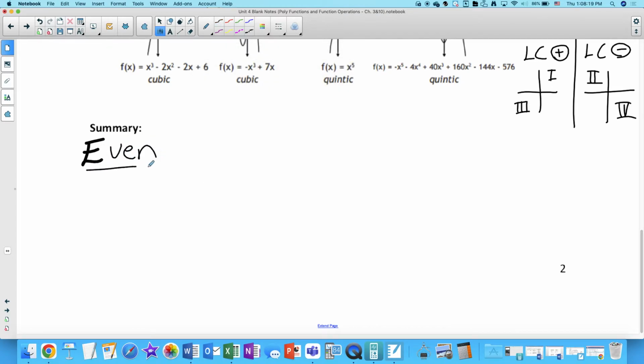Even function. And then same thing for odd.